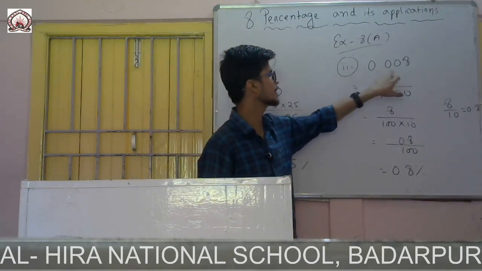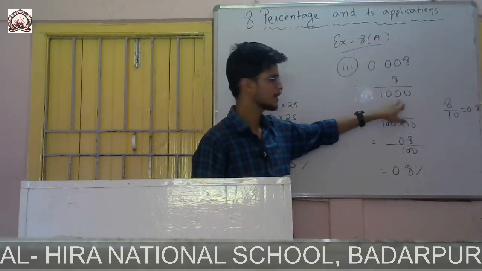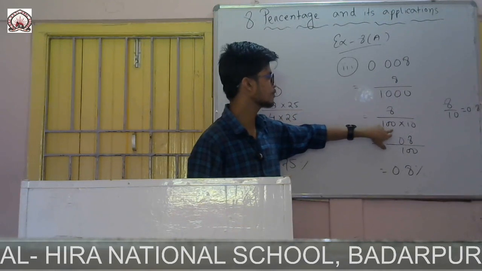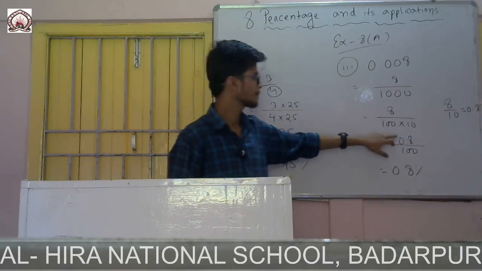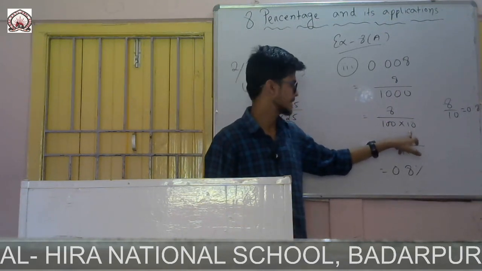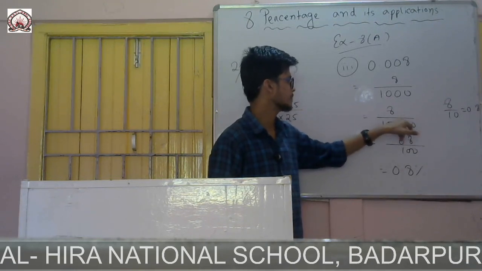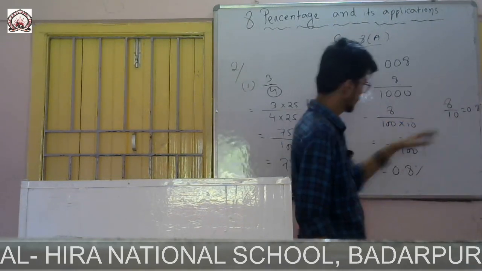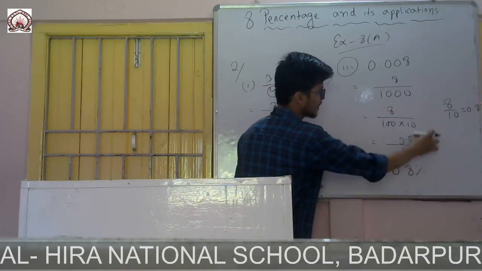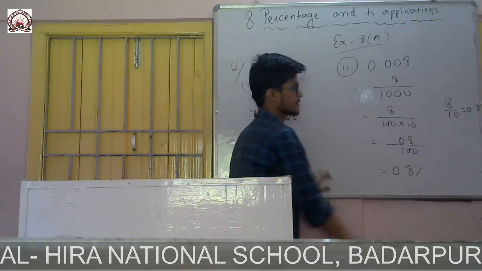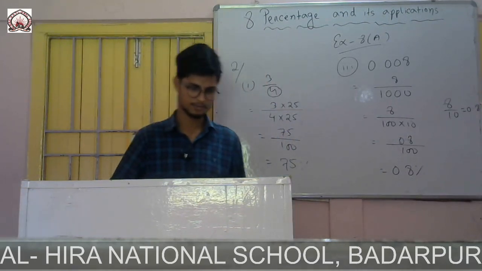What I did: first of all, I removed the decimal, 8 by 1000. The 1000 I broke, because I have to make this denominator 100, so 100 into 10. Then 8 by 10 is equal to 0.8, so I wrote 0.8 by 100. Now I can write it as a percentage, 0.8%.